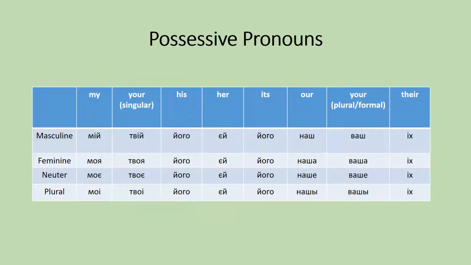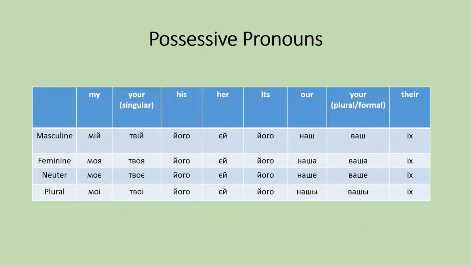Another way to show possession is by using possessive pronouns. Let us look at the table below. First, we'll start with the masculine form. My is me. Your, singular, is twy. His is jeho.